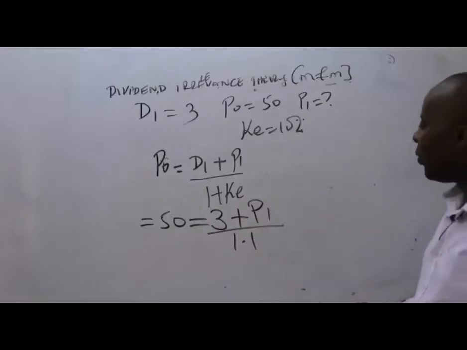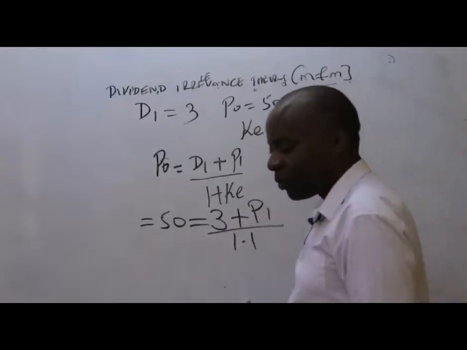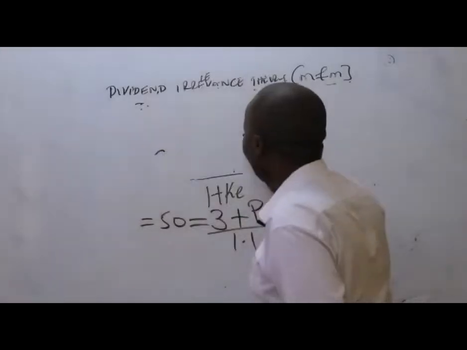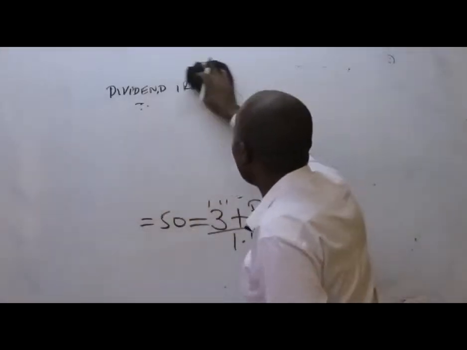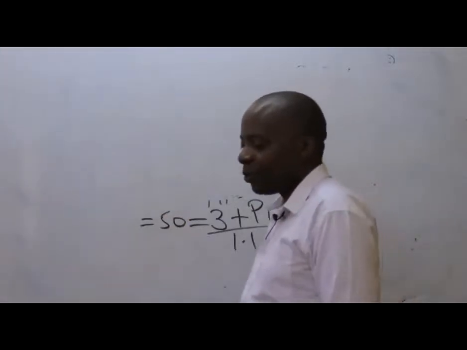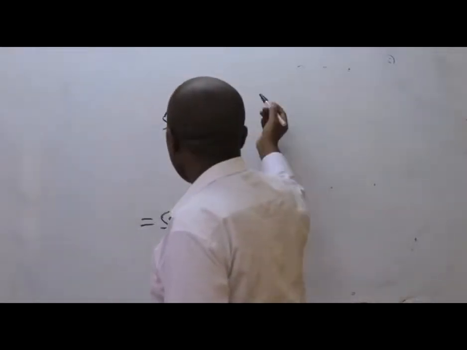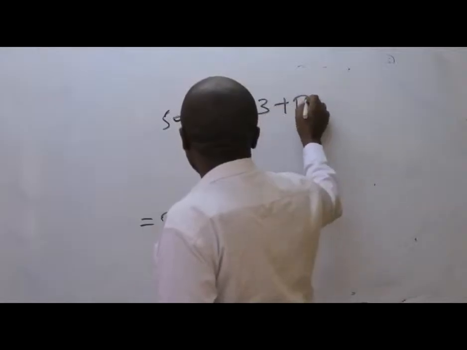So when we cross multiply, what will I end up getting? This will be 50 times 1.1 equals 3 plus P1.